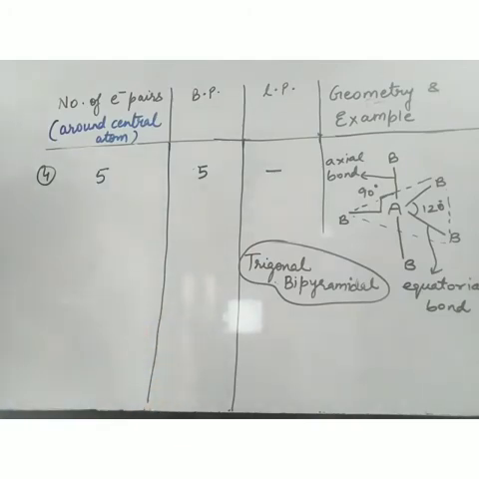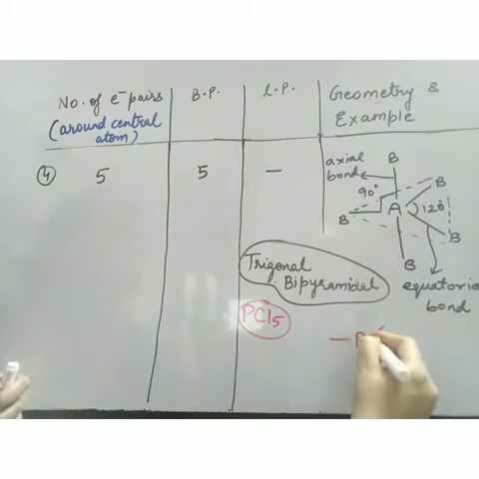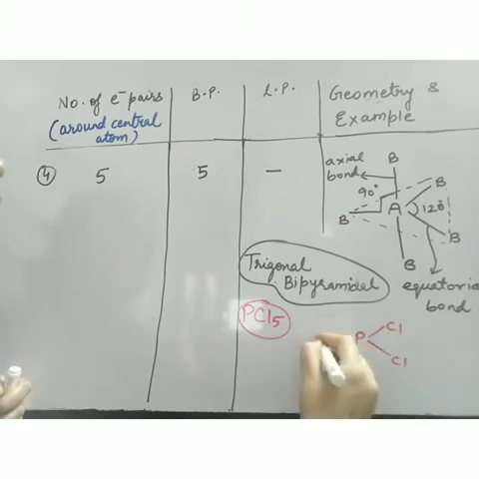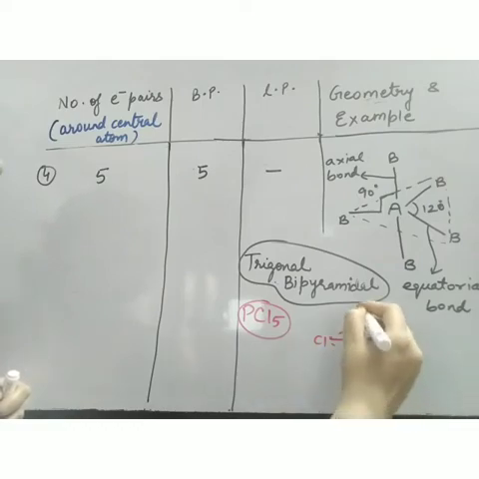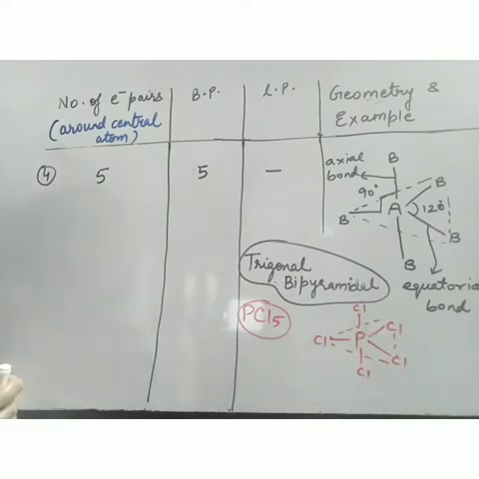The best example is PCl5, phosphorus pentachloride. 3 chlorine atoms are equatorial, 1 chlorine atom up and 1 chlorine atom down. 3 angles are 120 degree and 2 angles are 90 degree. The geometry is trigonal bipyramidal, and the shape is also trigonal bipyramidal.